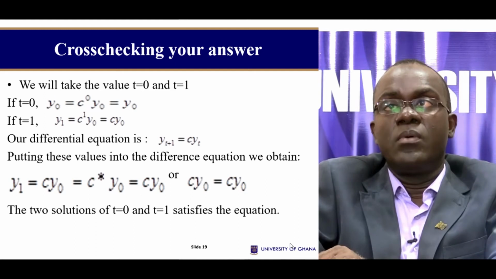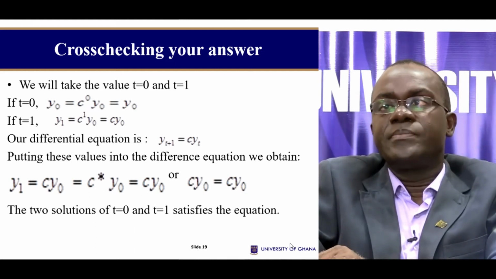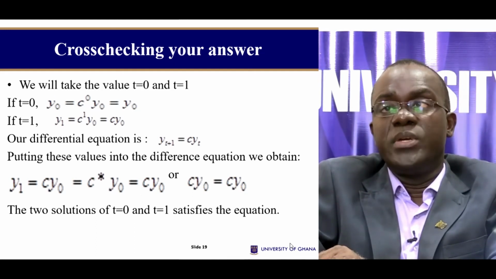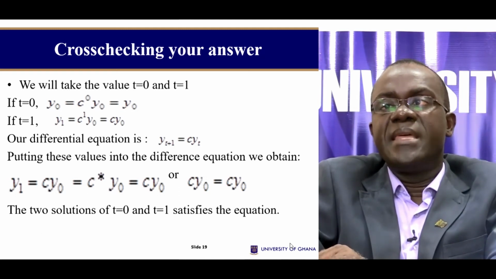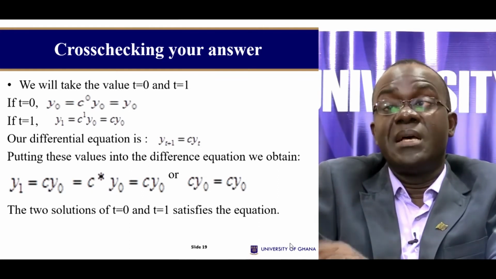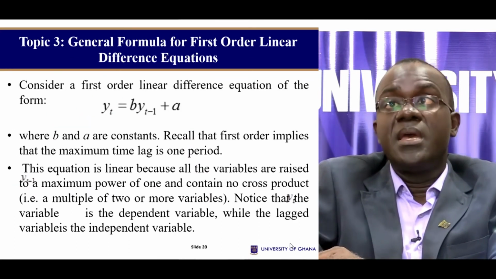We are saying that the left-hand side of this equation is equal to the right-hand side. So it means y1 is equal to c·y0 in our equation, and this is our y0. And then we see that c·y0, which is over here, is equal to c·y0. It means our answer is correct.